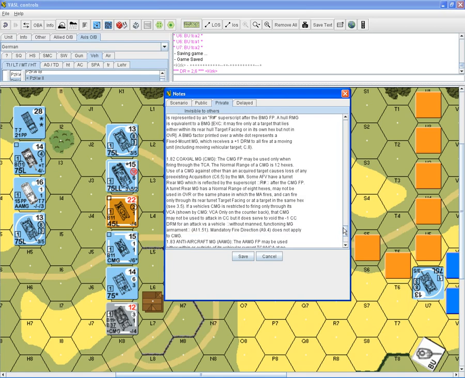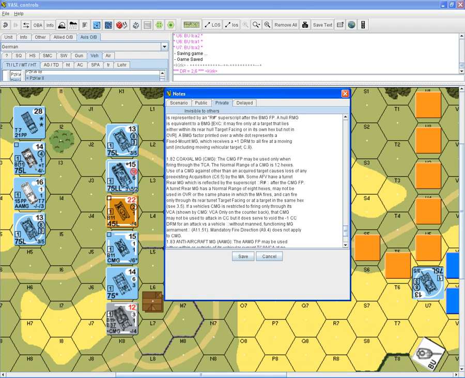Your coaxial machine gun. Coaxial machine guns are the machine guns that are associated with your turret, so they only fire in the direction that your turret is facing. Or in this case, when we're talking about facing for your turret, we're talking about TCA, which is your turret covering arc, as opposed to your VCA, which is your vehicle covering arc.